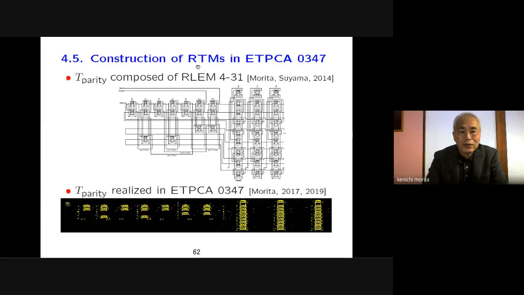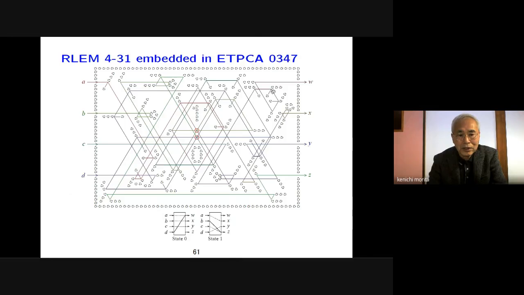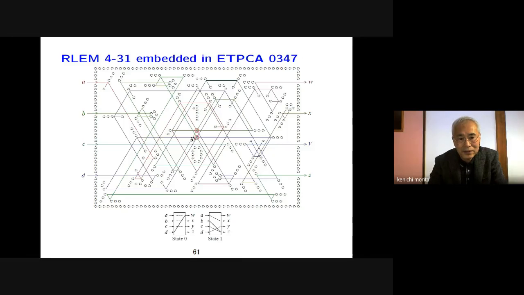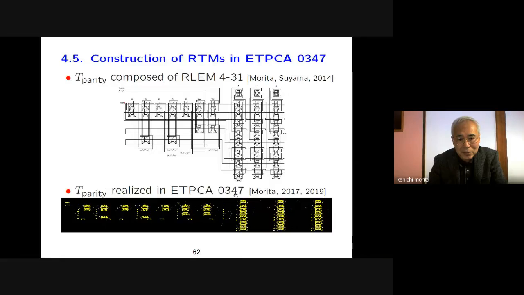We can finally construct reversible Turing machines in ETPCA 0347. Since we designed a pattern that simulates RM431, each RM431 is replaced by this pattern in ETPCA 0347.